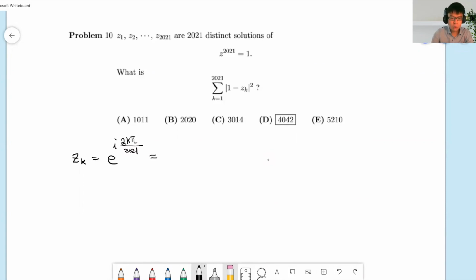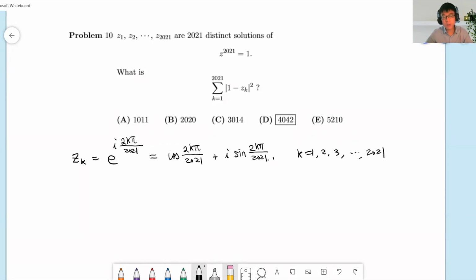This is equivalent to cosine 2k pi over 2021 plus I sine 2k pi over 2021. And here k is 1, 2, 3 up to 2021. Okay. Next, let's try to rewrite the following summation.